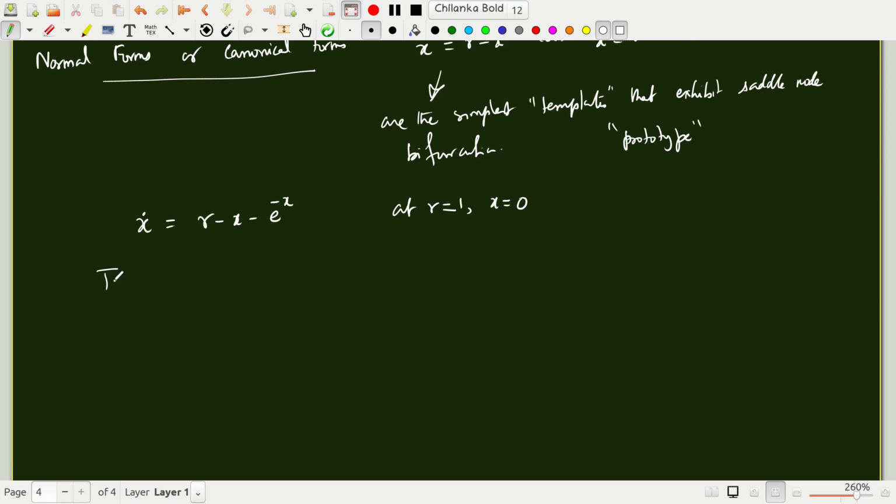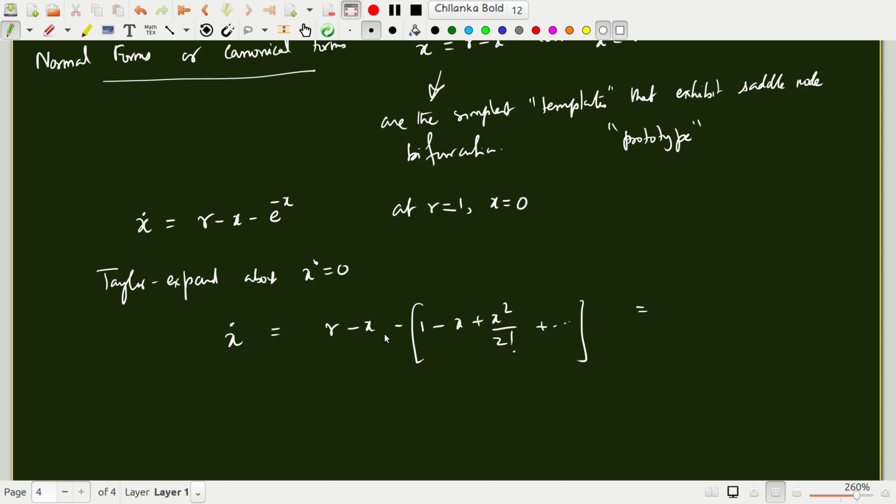So if we Taylor expand this equation about x equal to x star equal to 0, what you will find is that x dot is equal to R minus x minus 1 minus x plus x squared by 2 factorial, and so on. So this x will cancel with this x to give rise to x dot is equal to R minus 1 minus x squared by 2 factorial.